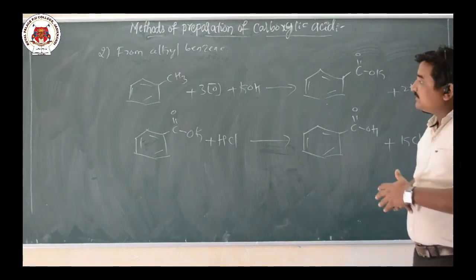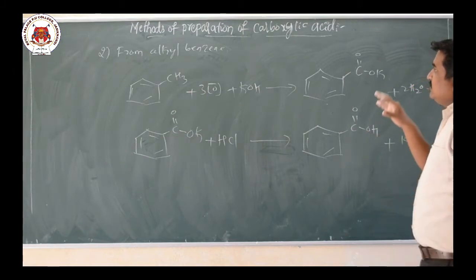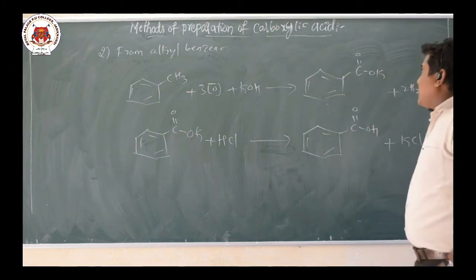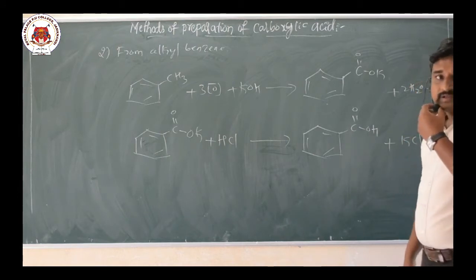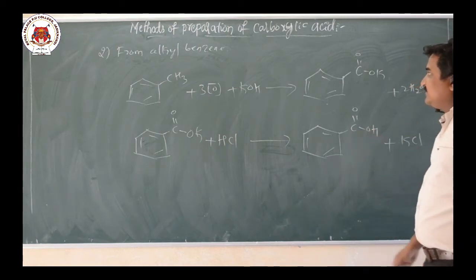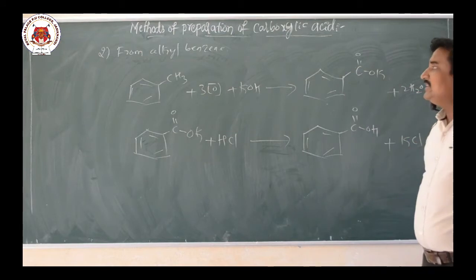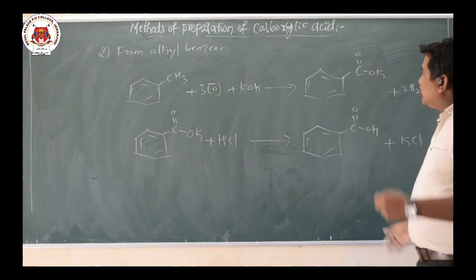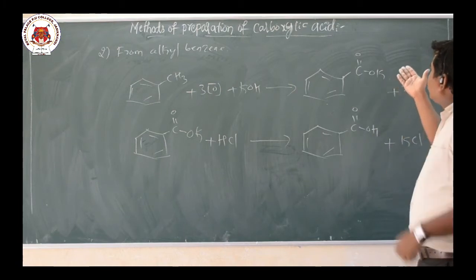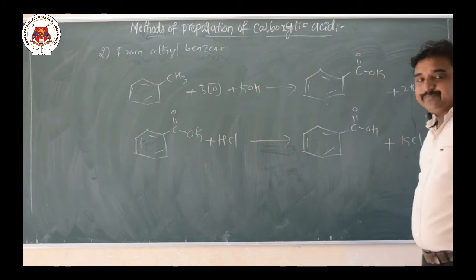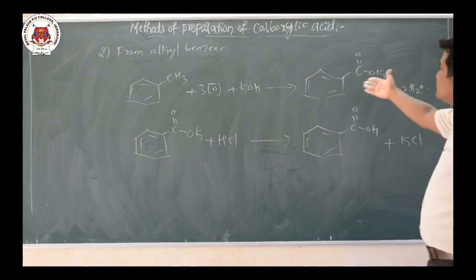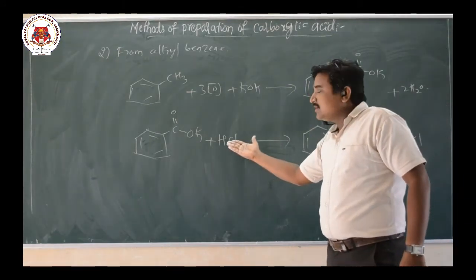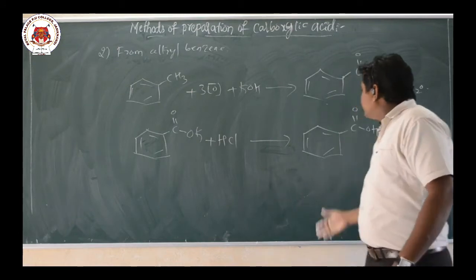Carboxylic acid. Now the second method, so we are going to prepare what here? Carboxylic acid, that is benzoic acid. When toluene undergoes oxidation in presence of base, that gives what here? Potassium salt of benzoate, which on acidification, by the addition of acid, we will get what here?